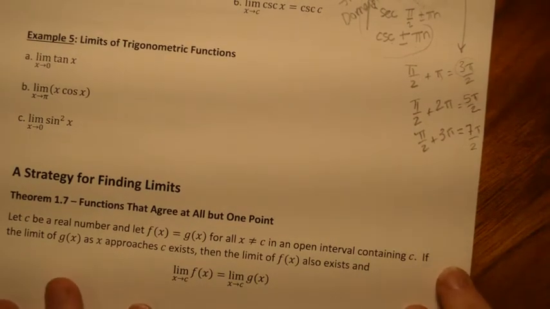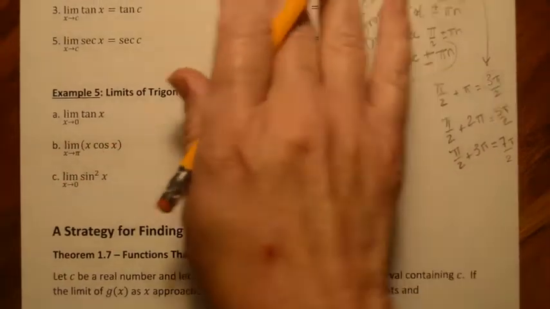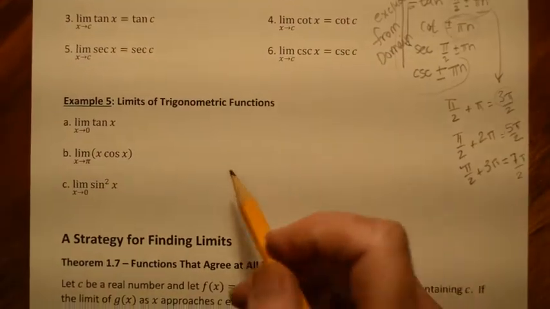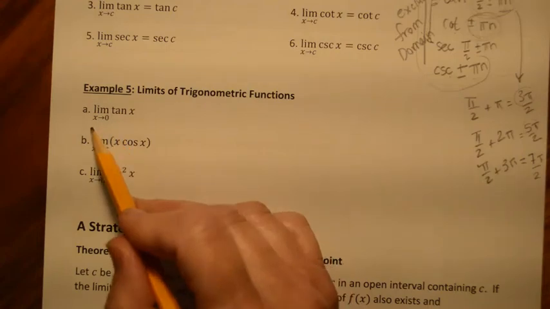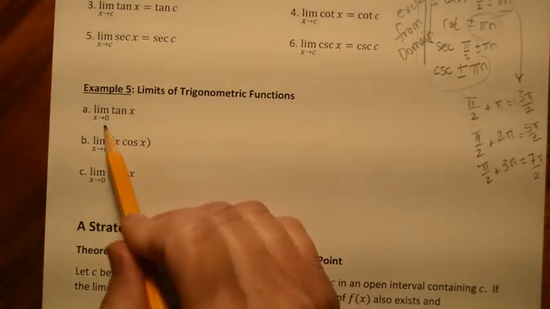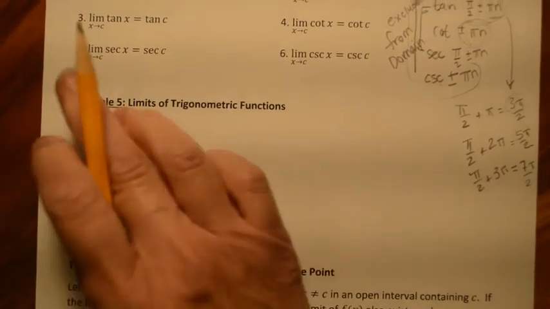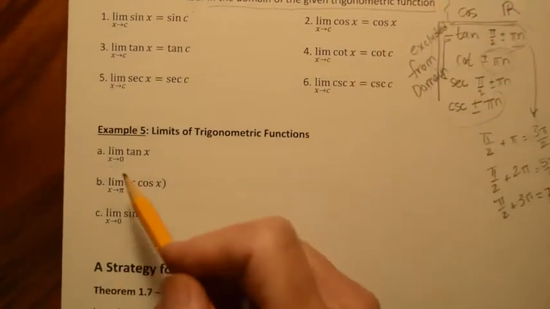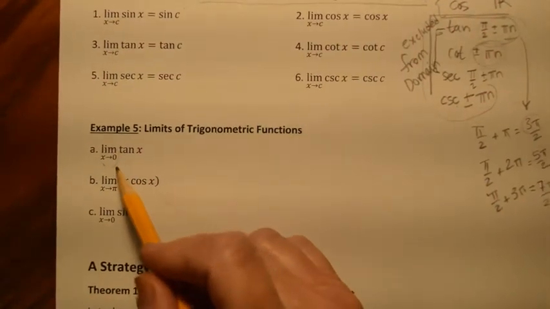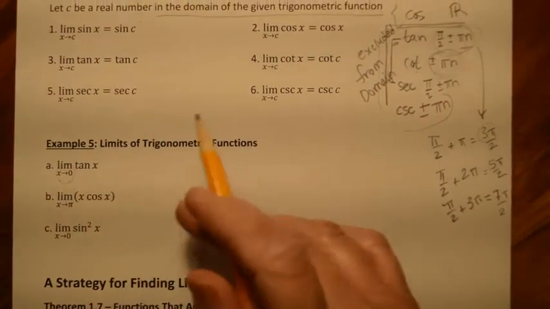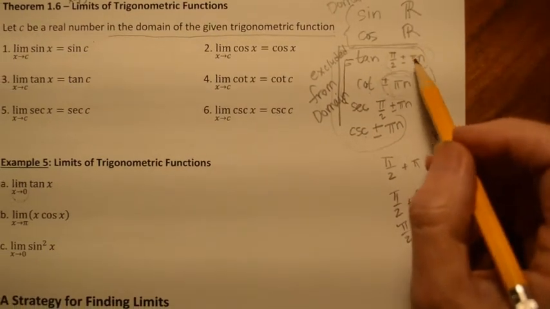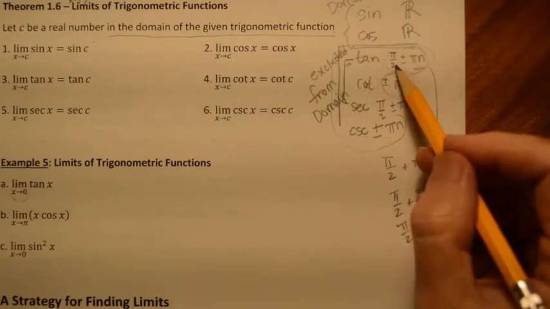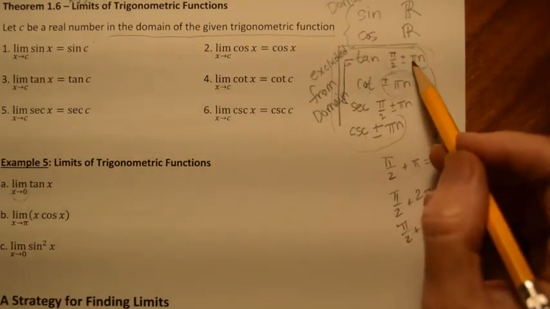Okay, so let's apply this theorem right here, so that we can see what we get. So limit of tangent of x as x approaches 0. Again, we are totally allowed to do direct substitution as long as 0 is part of the domain of tangent. And for tangent, we're avoiding odd multiples of pi over 2, basically.